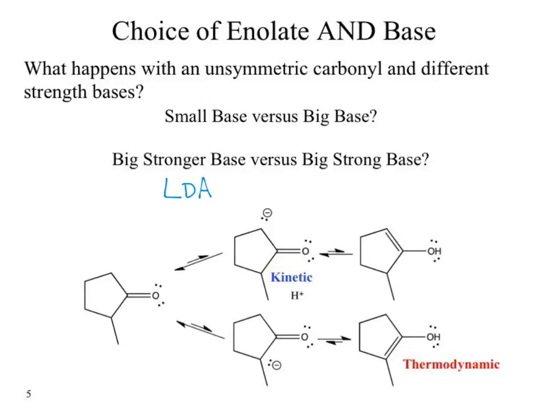LDA, our big, strong base. We'll come back to NaH, but that is not a bad idea. Could use our t-butoxide. The stronger base we've been looking at because it's more favoring the product.